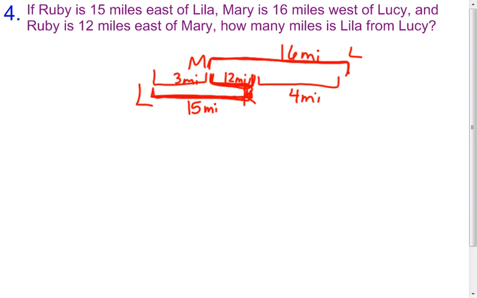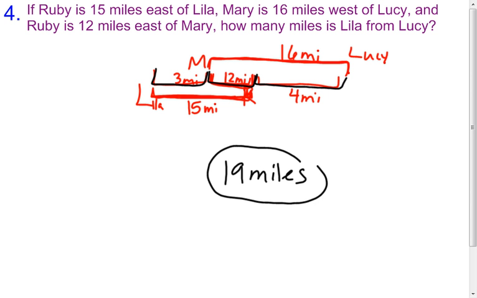Now the question becomes, how many miles is Lila from Lucy? This is Lucy over here, and this is Lila. I have two L's, so I shouldn't have used L and L. But how far is Lila from Lucy? Lila is these 3 miles here, plus these 12 miles here, plus these 4 miles here. So 3 plus 12 is 15, plus 4 would be 19 miles. Okay, and that will do it for you.